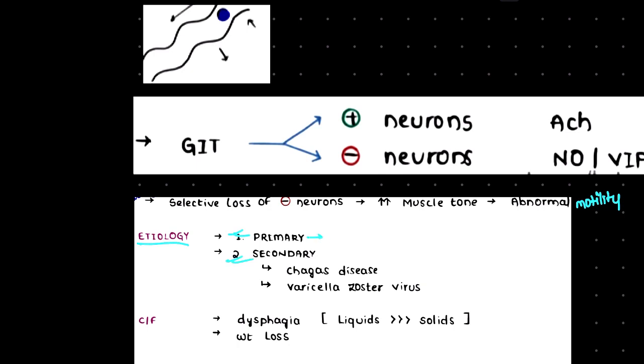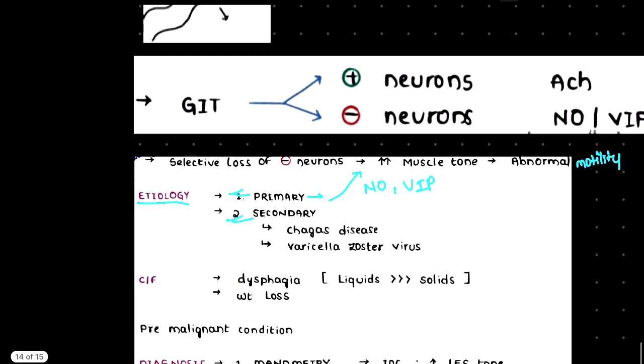The primary cause is simple: there is loss of inhibitory neurons, and as such there is loss of the action of nitric oxide, and loss in function of our dilators such as VIP, vasoactive inhibitory polypeptide. And what are the secondary causes? The secondary cause is Chagas disease, and that is caused by varicella zoster virus.